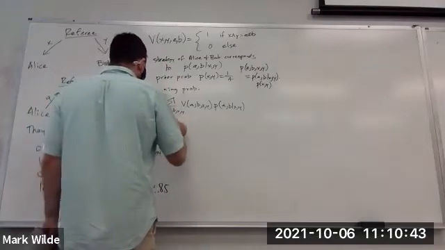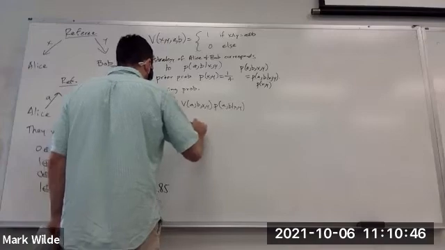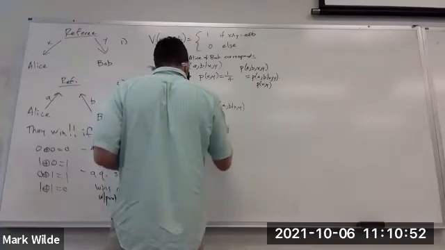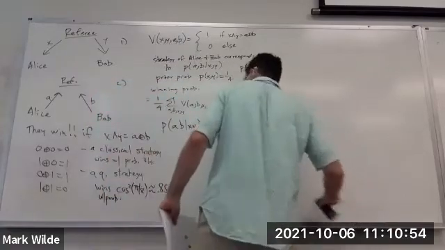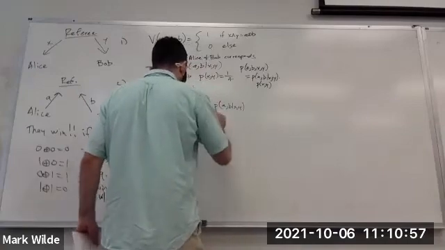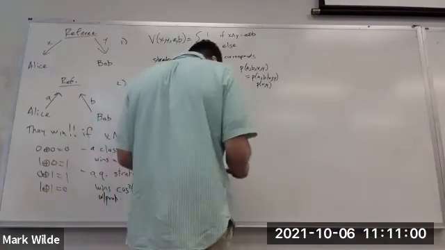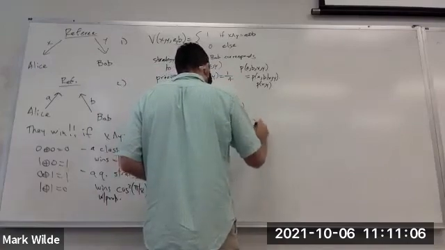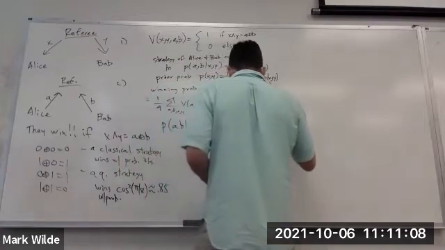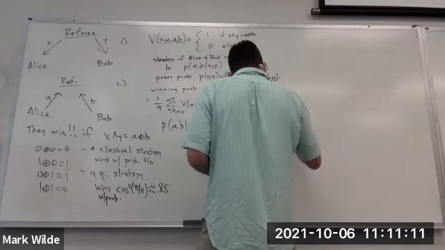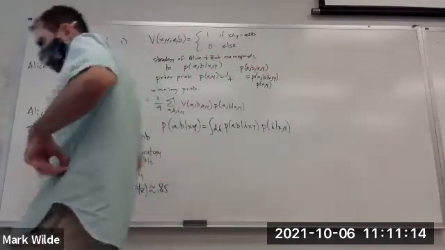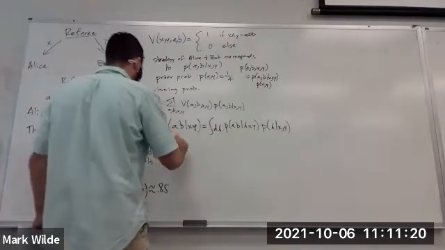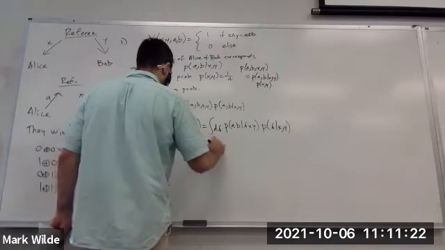You can use the law of total probability to expand this distribution in terms of lambda, and we can allow lambda to be a continuous variable. That's just using a basic fact from probability theory. So lambda is a hidden variable.